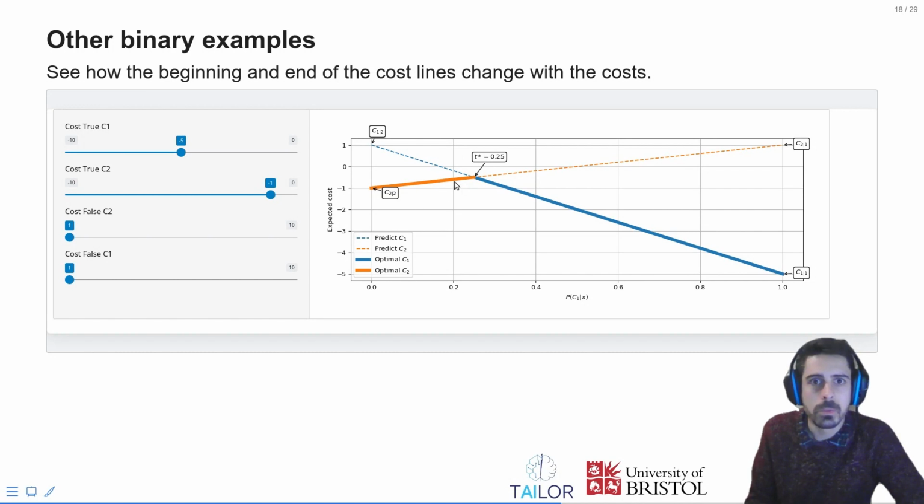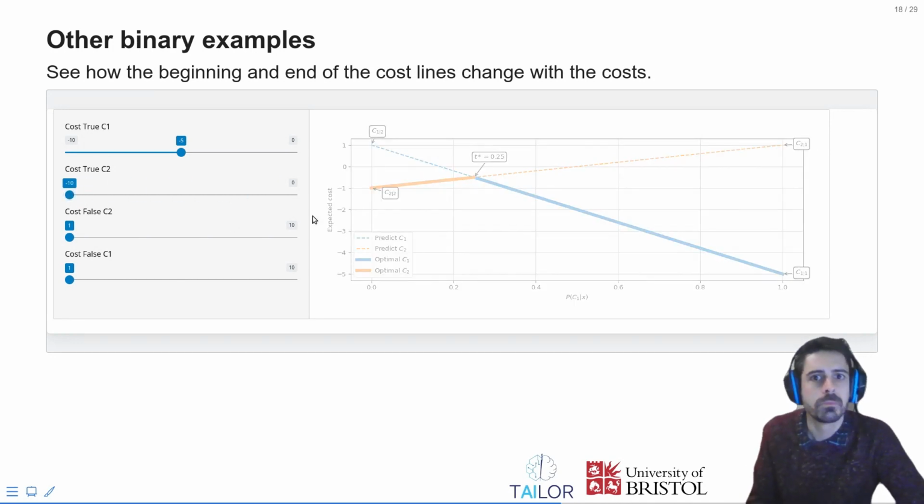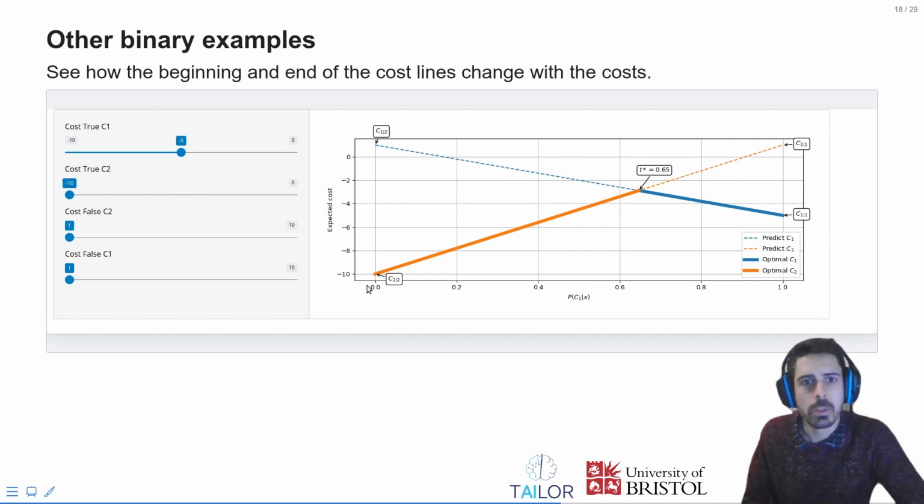And let's move things a bit around. For example, let's move this down, which is the cost of predicting class 2 when it is class 2. This is the cost of true class 2. And we can see how the optimal threshold just changes.